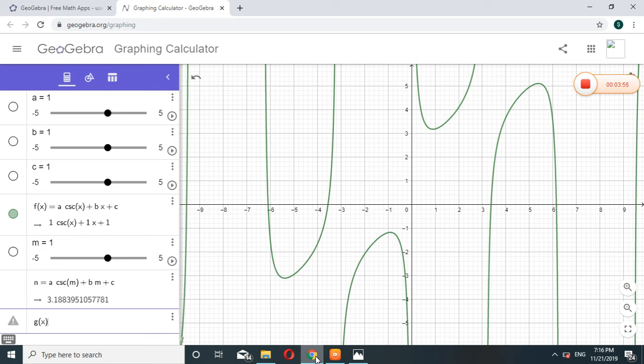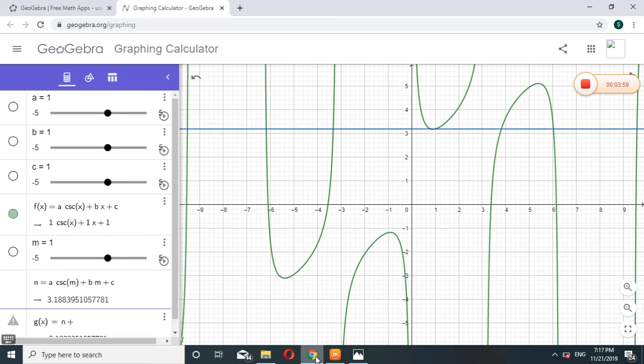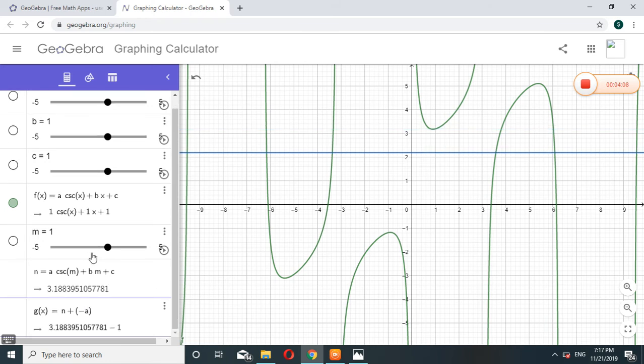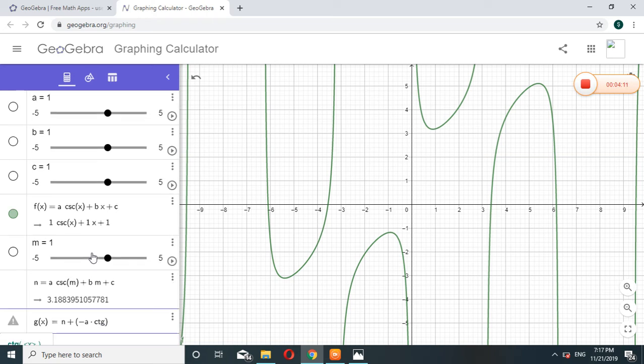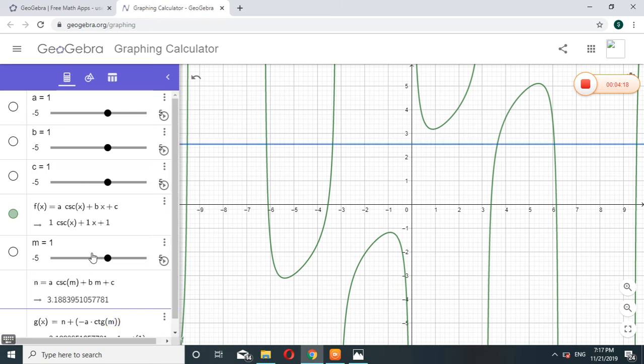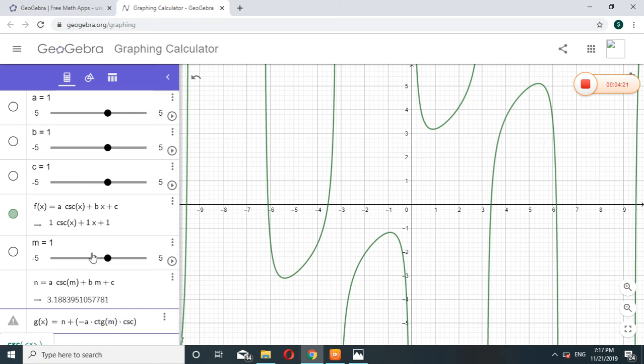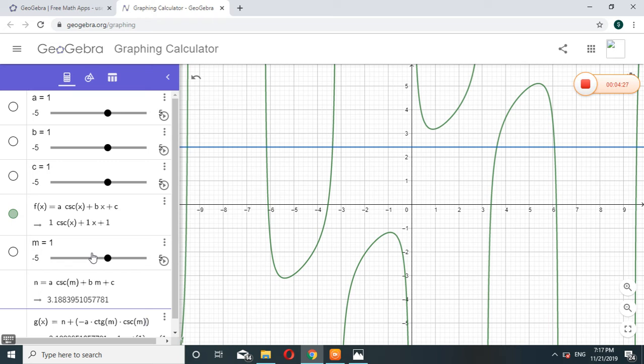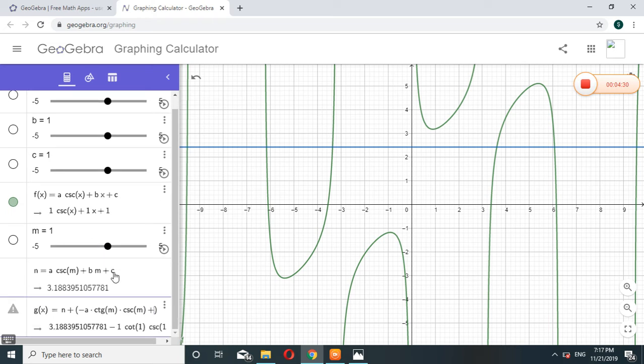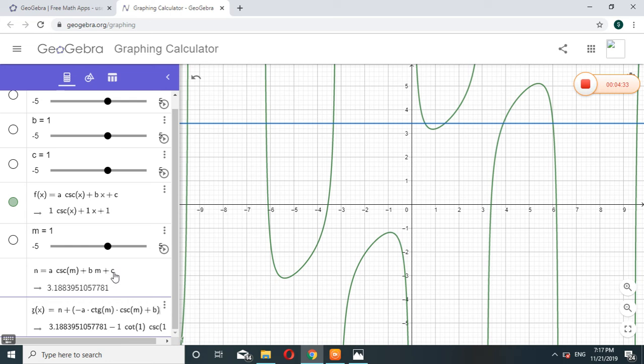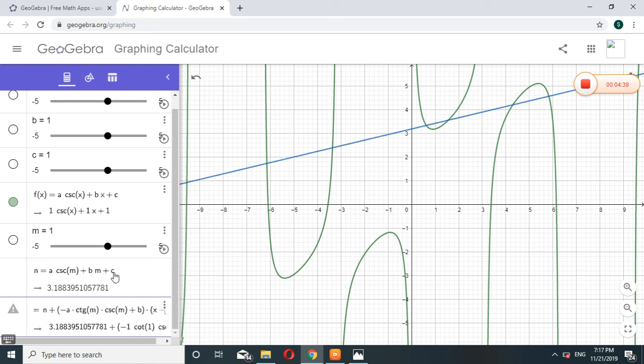Therefore, g of x equals n plus, let me write it here, minus a times cotangent m multiply cosecant m plus b multiply x minus m.